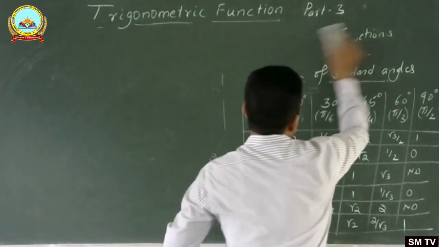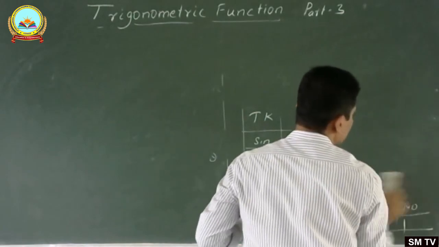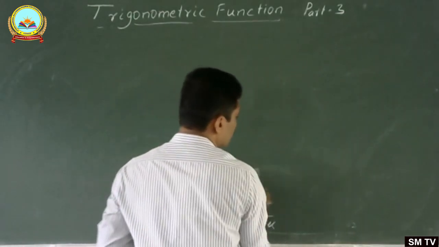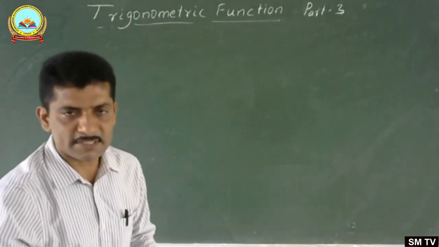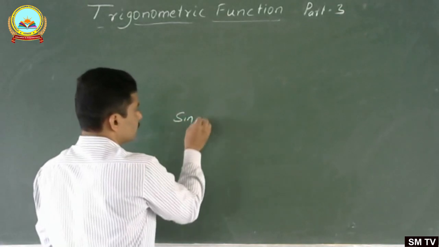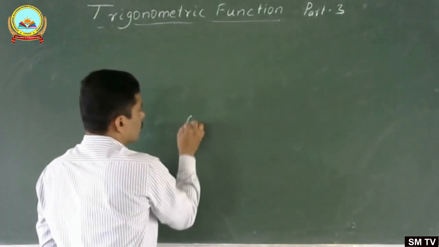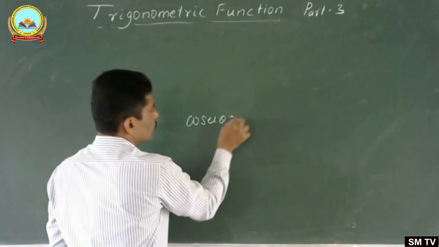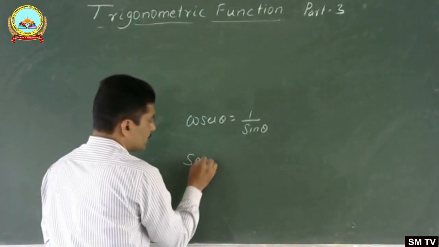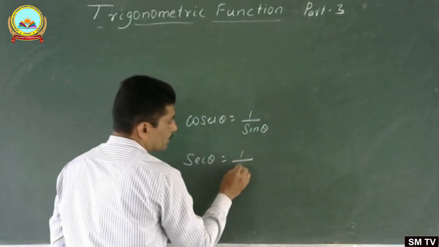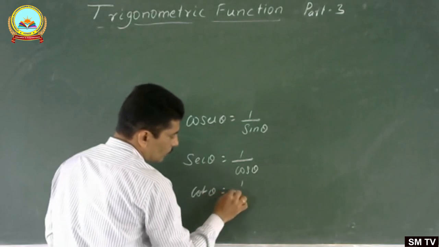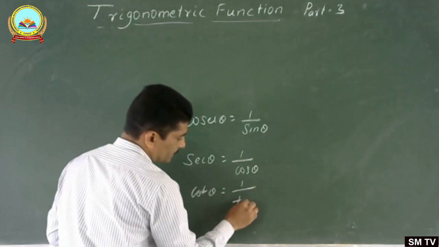In this class, we define the trigonometric functions or trigonometric ratios using the unit circle. Here, just remember that cosecant theta is equal to 1 divided by sin theta, secant theta is equal to 1 divided by cos theta, and cot theta is equal to 1 divided by tan theta.